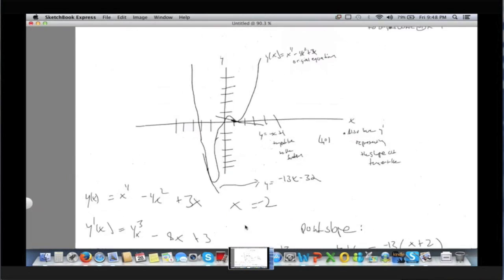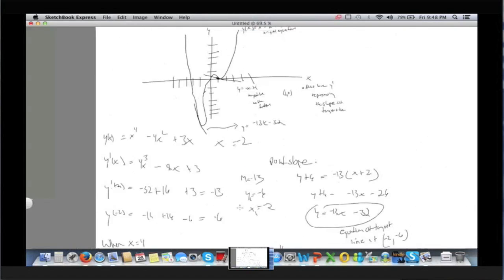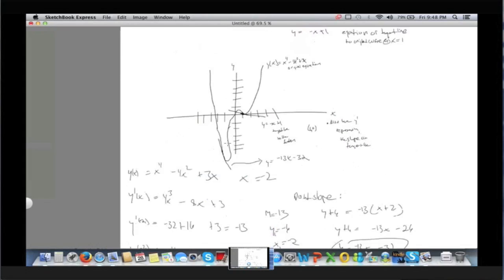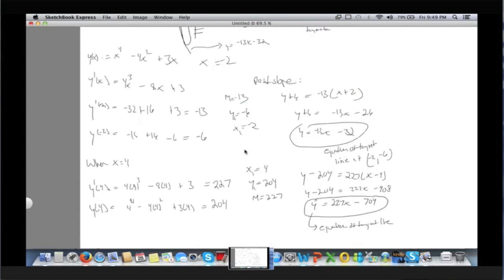Okay, when x is 4, y is 204. And the slope was something. What value of x did you just use? 4. Good.